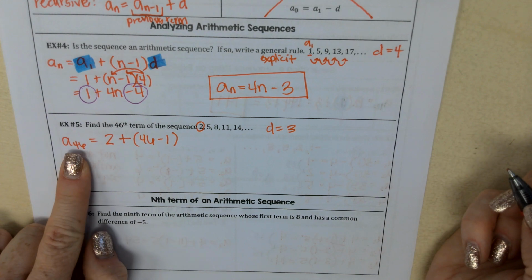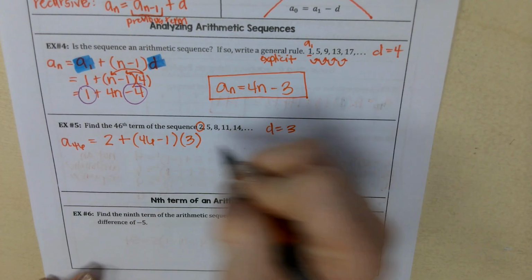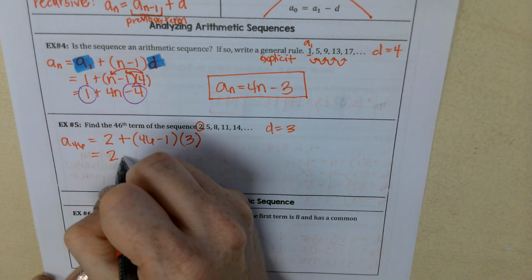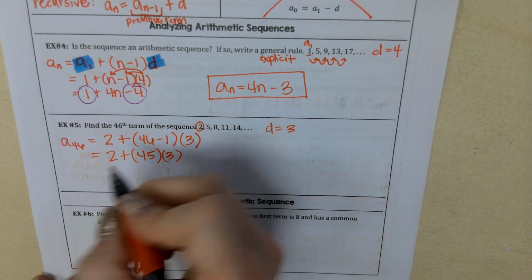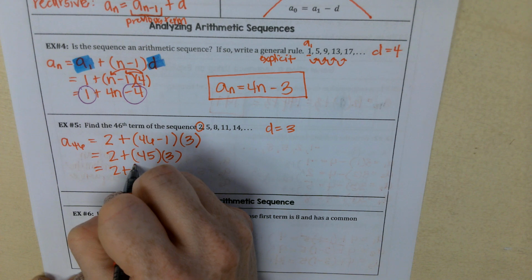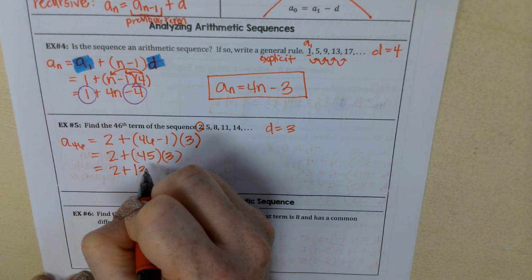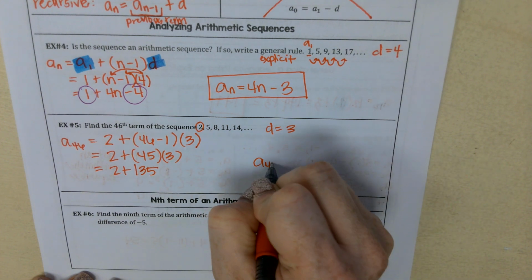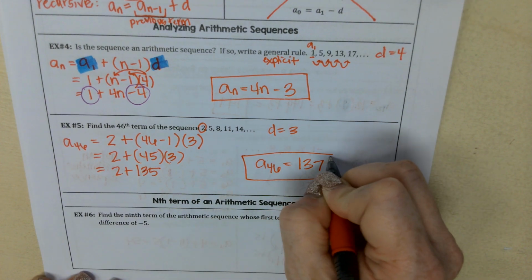Your n is 46. And you're going to multiply that by your common difference. Okay? So I have 2 plus 45 times 3. 45 times 3 is 135. Okay? So my 46th term is 137.